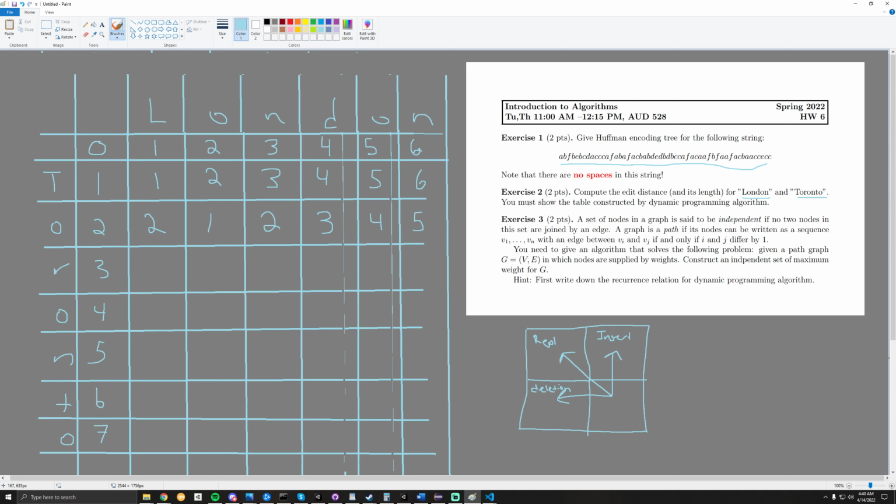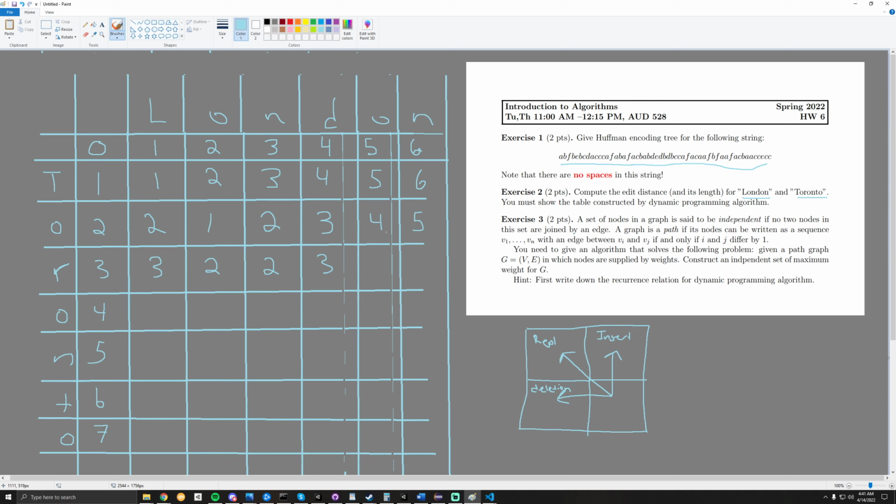Let me make this R a little clearer. So this would continue on. L doesn't match R, so it's going to be our lowest of 3 neighbors plus 1, so 3. R doesn't match O, it'll be our lowest of our 2 neighbors plus 1, 2. R does not match N, lowest of our 2 neighbors plus 1, 2. R does not match D, lowest of our 2 neighbors plus 1, 3.